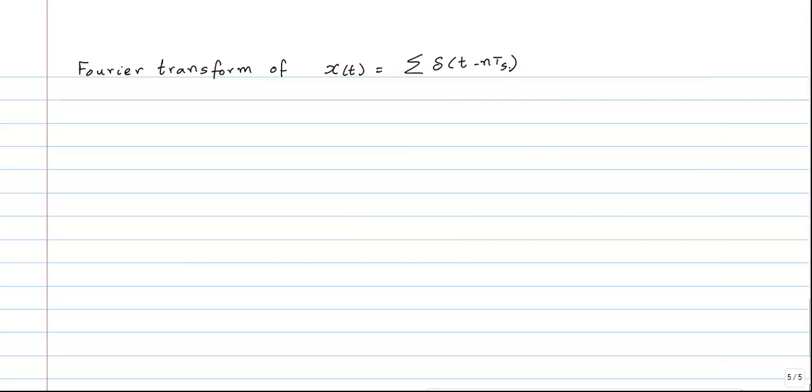Suppose we consider the periodic signal given by summation over all n, delta of t minus n times ts, where ts is a constant.